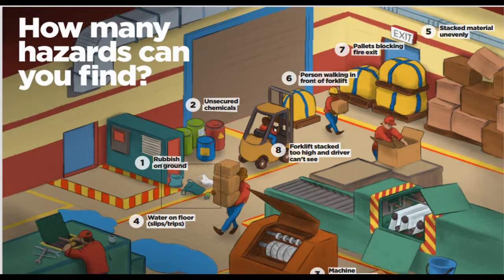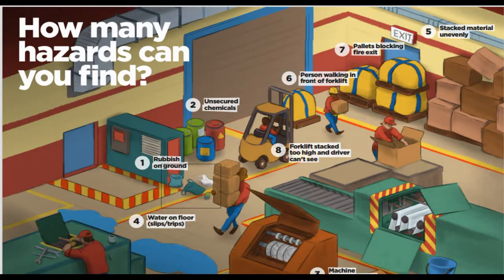This forklift driver has their own blind spot. Maybe the driver is not aware of the presence of this person. So the risk is that the forklift will hit the person, and the person will be injured.